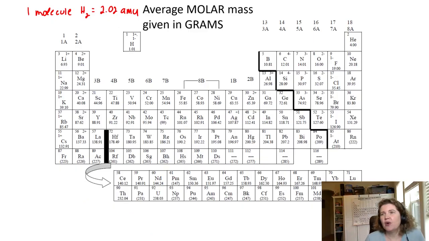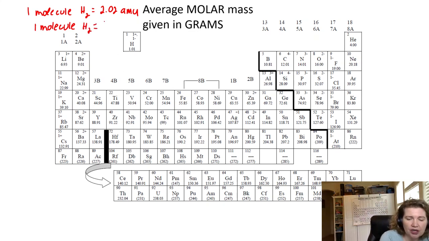Okay, so now what I want to do is multiply both sides of this by the mole quantity. Based on what I had before, we just figured out 1 molecule of hydrogen is equal to 3.35 times 10 to the minus 24th grams. Now I want to multiply both sides of this equation by Avogadro's number.